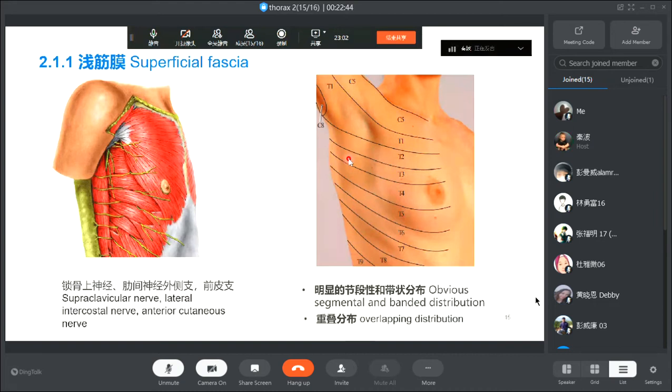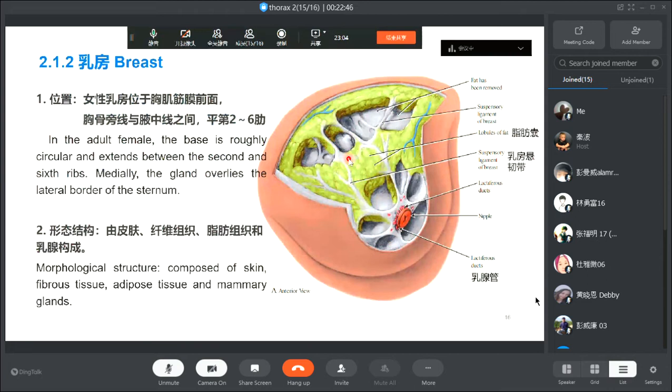Okay, and in the last class we introduced the breast of the woman. In the female, in the superficial fascia, there is also the growth of the breast.